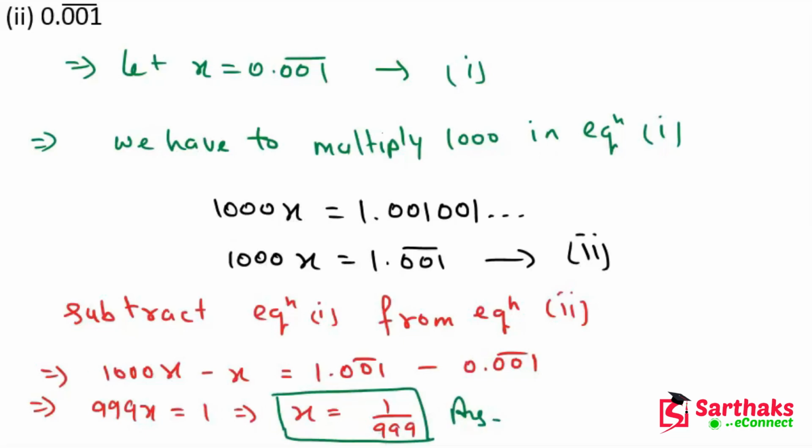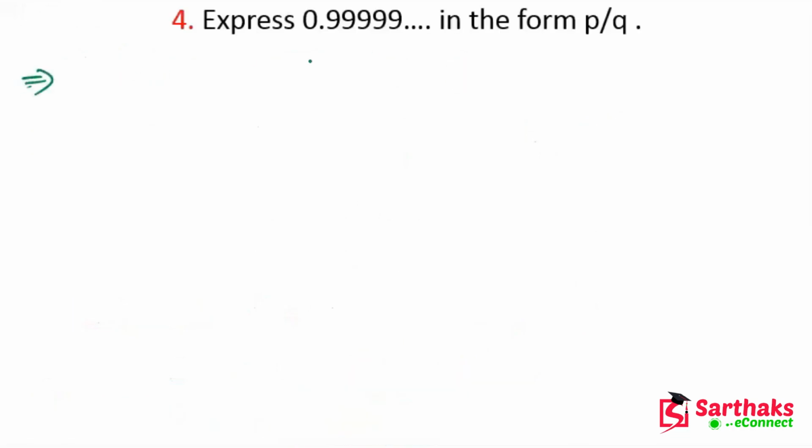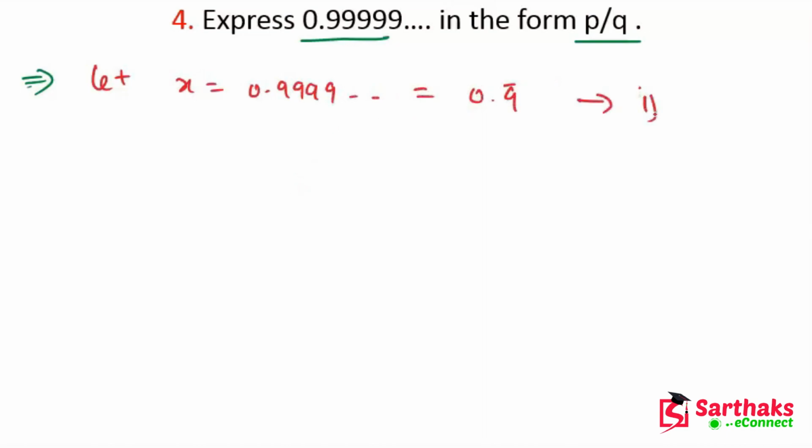So now the next question is, my dear friends, we have to express 0.9999 and so on in the form of P upon Q. The first step is that we let x equal 0.9999 and so on. We can write it as 0.9 bar. So this is our first equation. Now in the second equation, we have to find how many numbers are recurring after the decimal point.